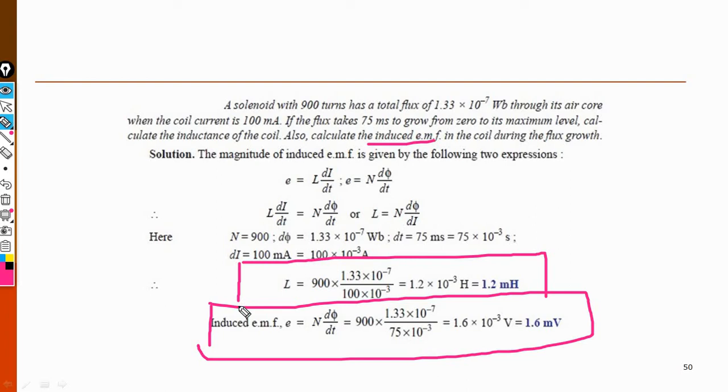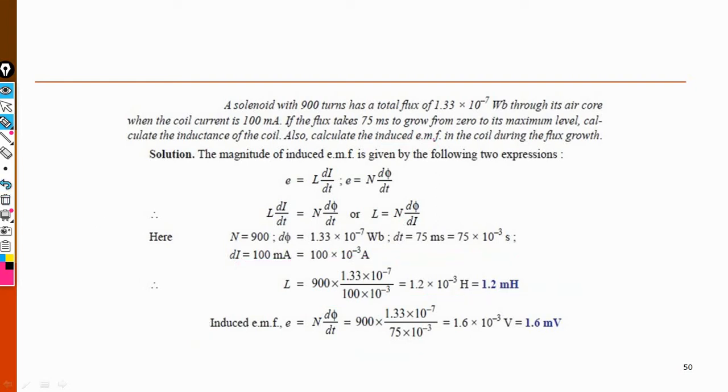Then the expressions of self-inductance, which we calculate using three methods: first, second and third. And the last one is the problem based on self-inductance. It's very important. This is the important point in unit number one, that is self-inductance.